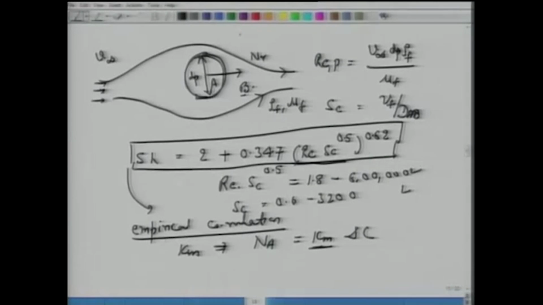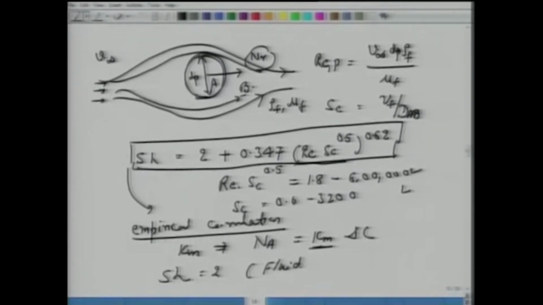The idea here is that for certain conditions of Reynolds number and Schmidt number, it's not possible to calculate the velocity profile and obtain the expressions for NA. If the fluid is stagnant, you can make out that this term will drop, and then we have Sherwood number equal to 2. Now, Sherwood number equal to 2 when the fluid is stagnant can be obtained analytically.